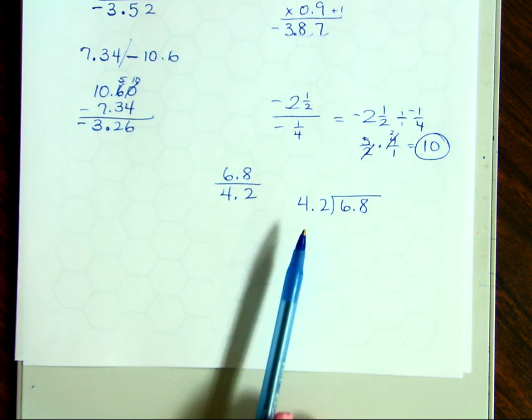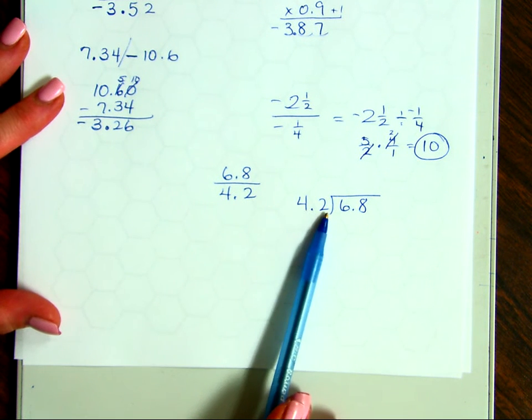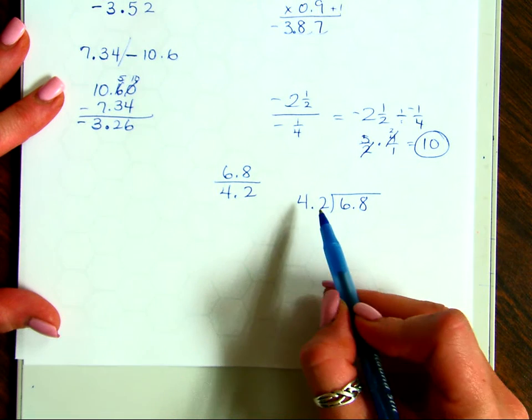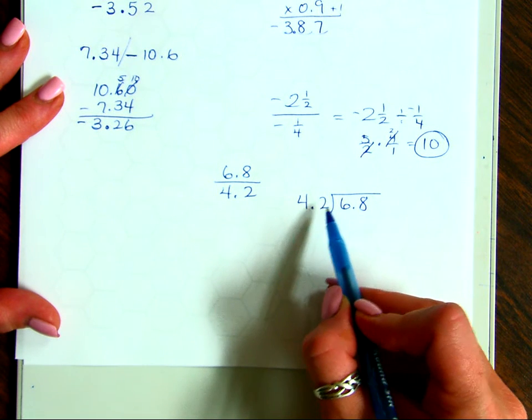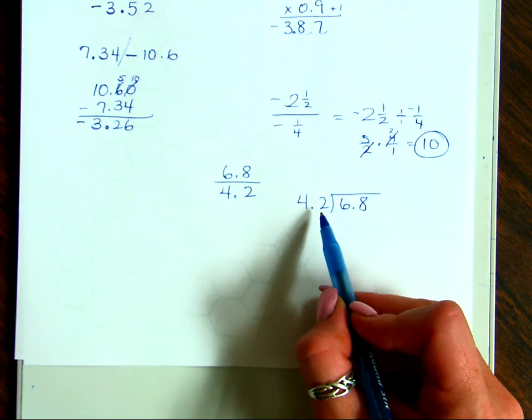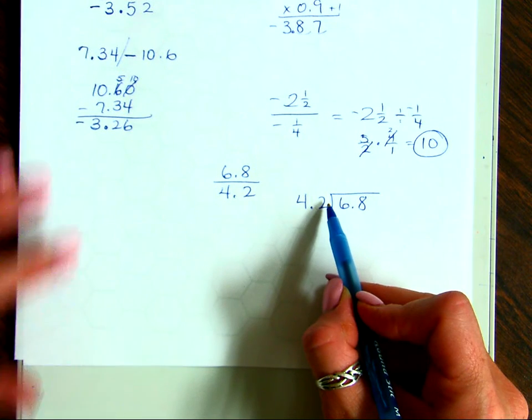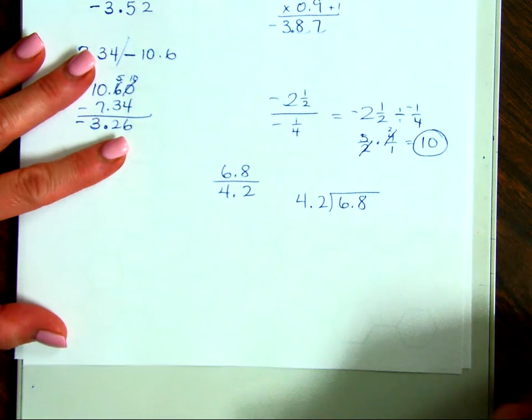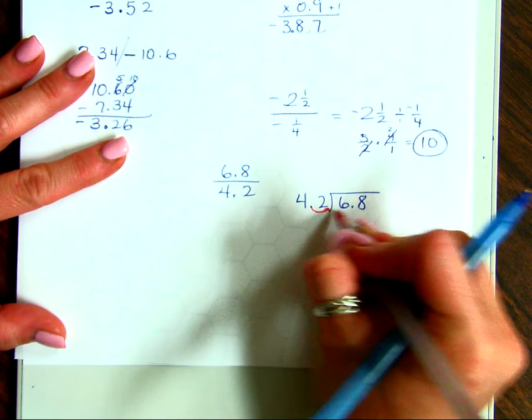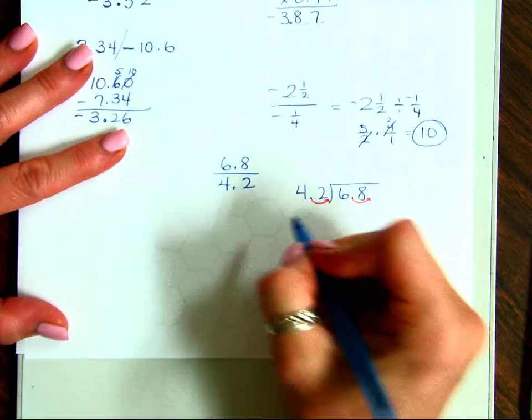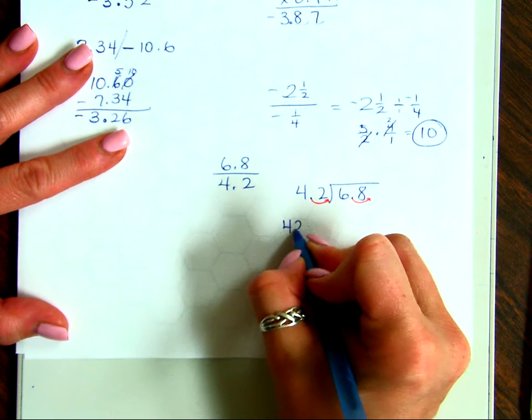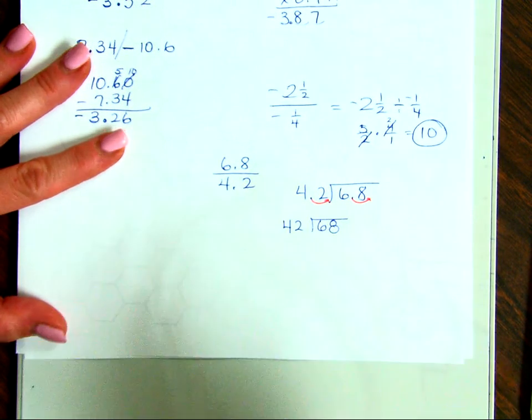Okay? So you can't divide by a decimal, so we're going to multiply it by 10. If we multiply 4 2/10 by 10, won't that just bump that decimal all the way to the end and make it 42? But I can't bump this to the end without bumping this to the end. So 42 and 68, that's my new problem.